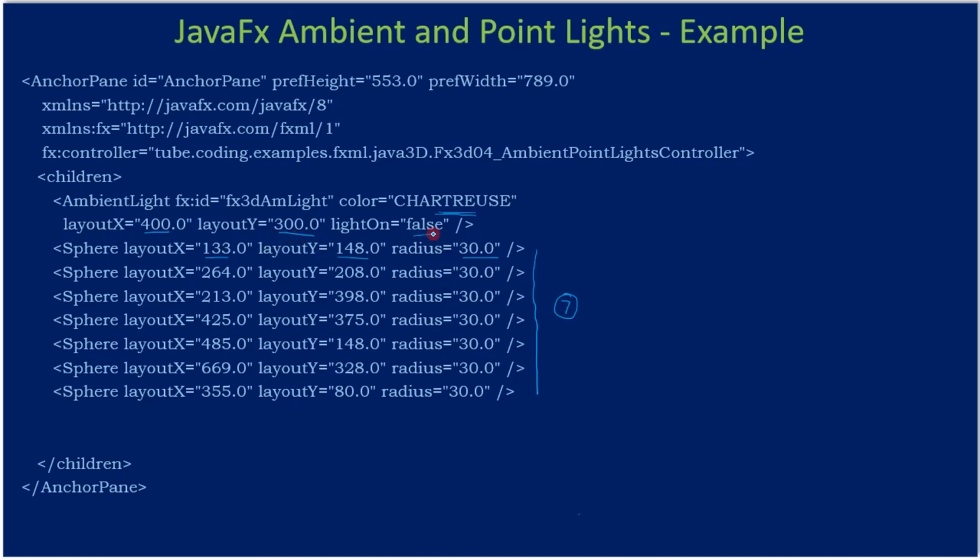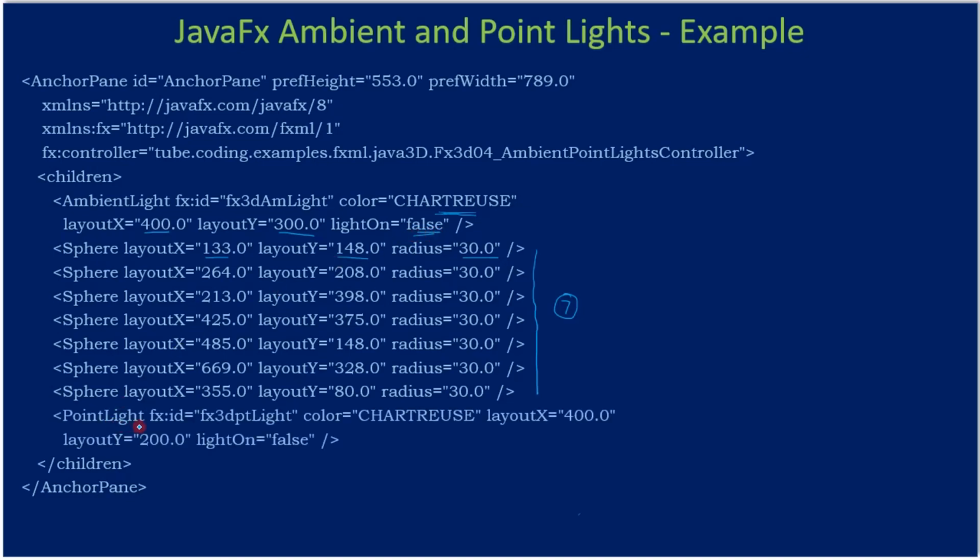So the light is turned off by default. The same way, here we have point light. So this one is the ambient light, and here we have point light, and we located the point light at 400, 200, and the light is by default turned off.